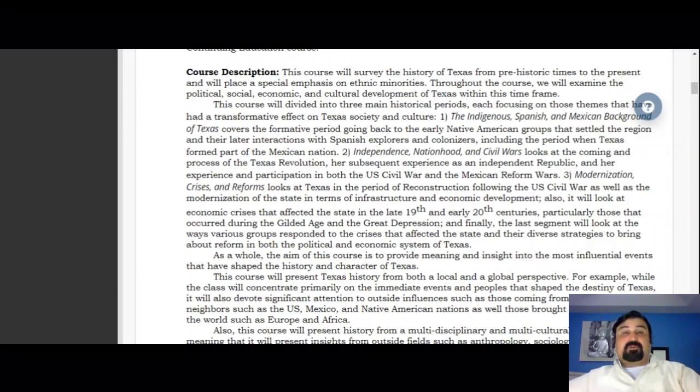Texas is a very diverse state, by the way, that has a very rich history that goes back to the Native American groups that inhabited this region. As I will explain in the course, those groups go back thousands upon thousands of years into the past, perhaps migrating into this continent roughly 40,000 years ago, or even farther back.